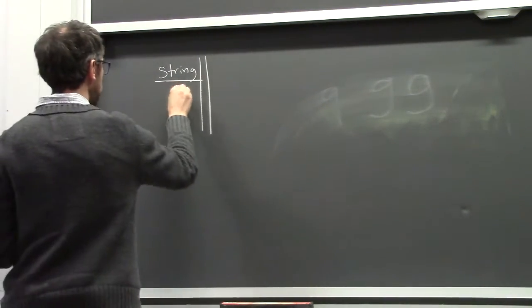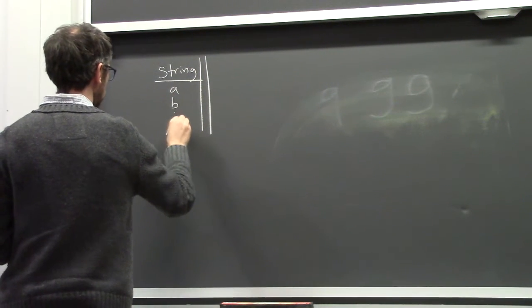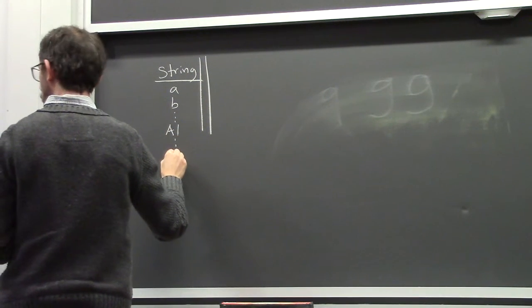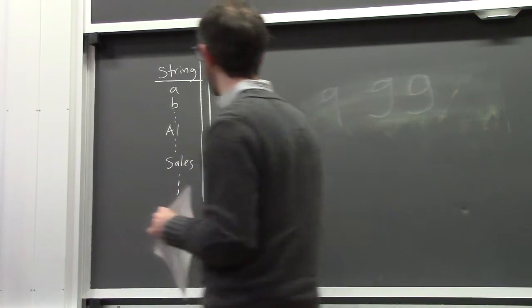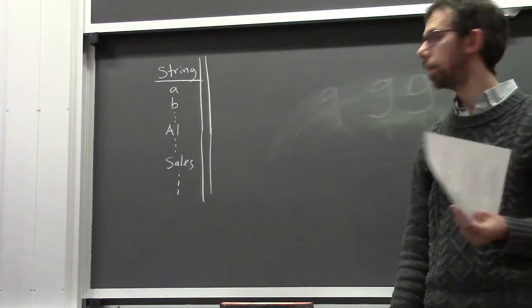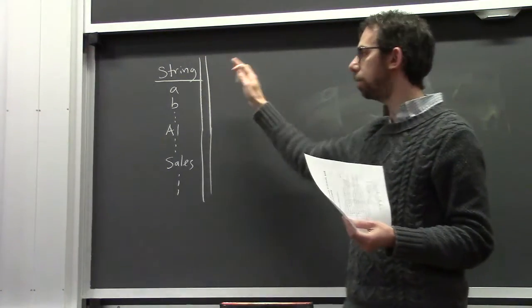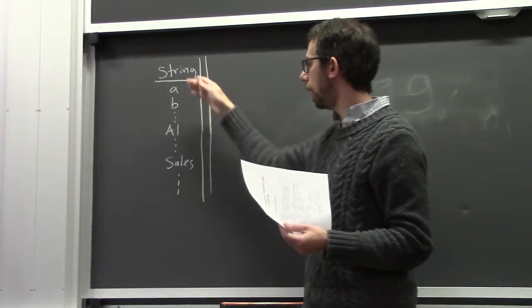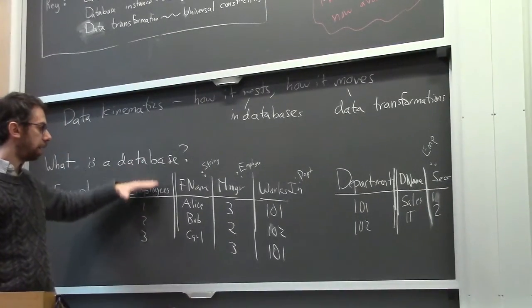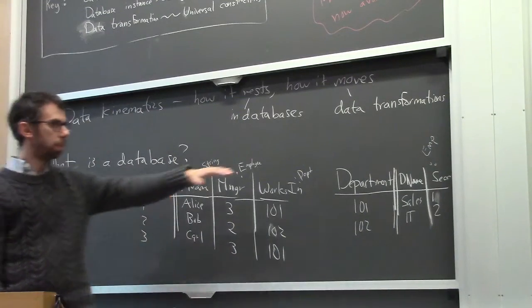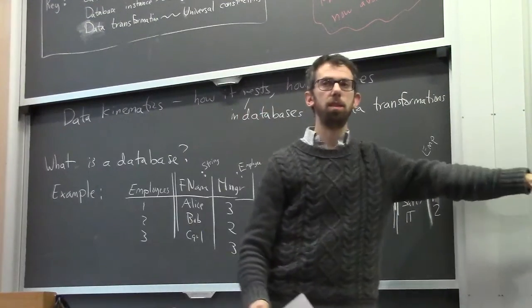So in a table of strings, you have A, B, you have Al, you have sales, etc. in your table of strings, and you'd never instantiate that table. But it has no columns other than the ID column, and now everything here is what is called a foreign key. So you have these ID columns, the employee IDs, the department IDs, and I guess the string IDs.